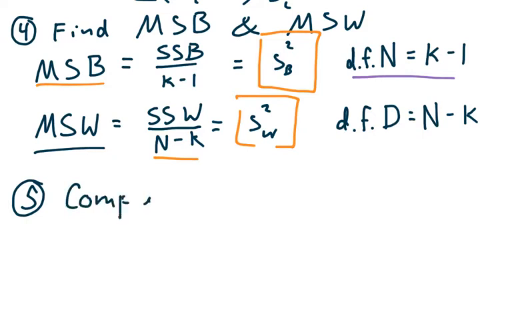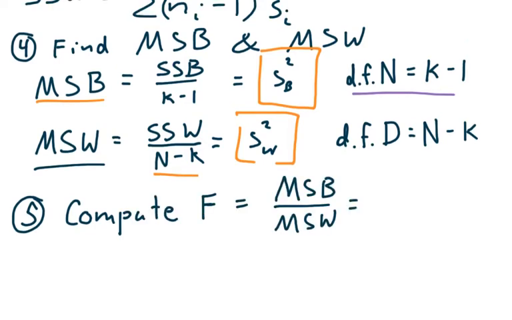We'll compute the test value. So the F value for the F test is going to be MSB divided by MSW.